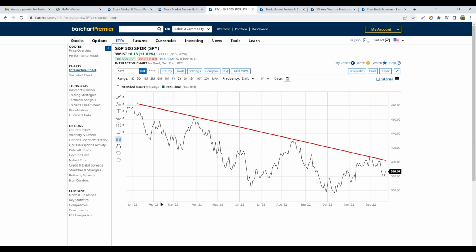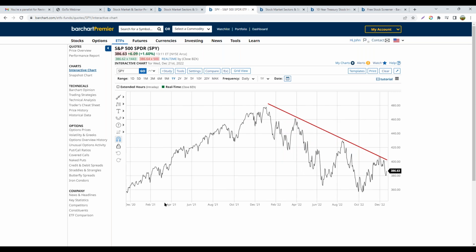You can see that we are in a well-defined bear market. So we know where we are in the market cycle, and the economic cycle has been giving us mixed signals for most of the year, but the sector rotation is trying to give us that clear signal of what sectors we want to start concentrating on.